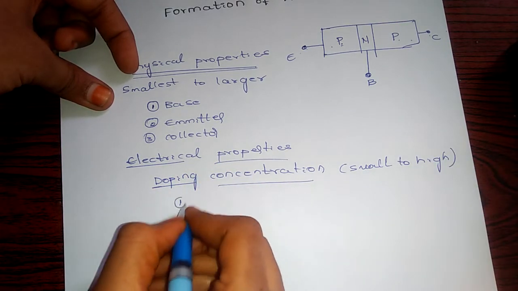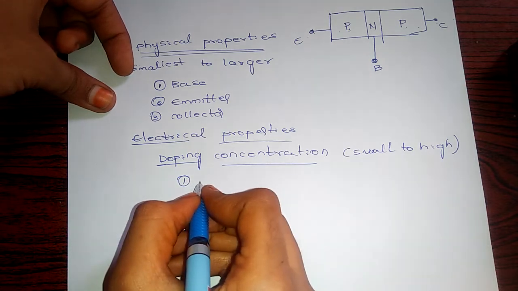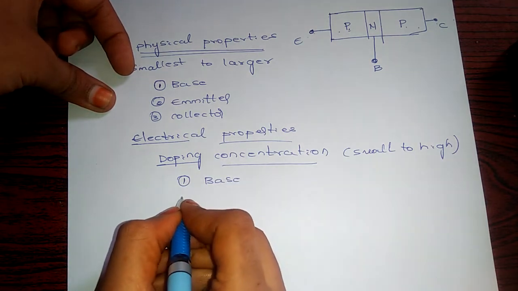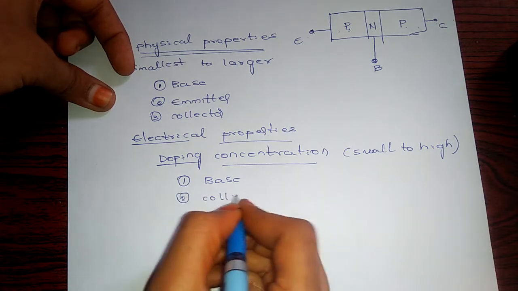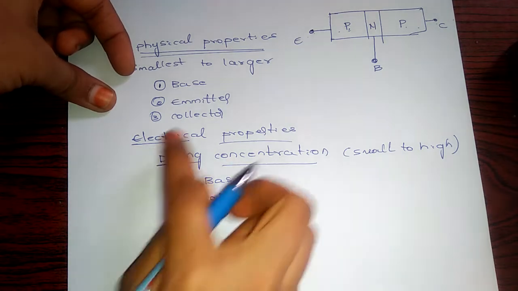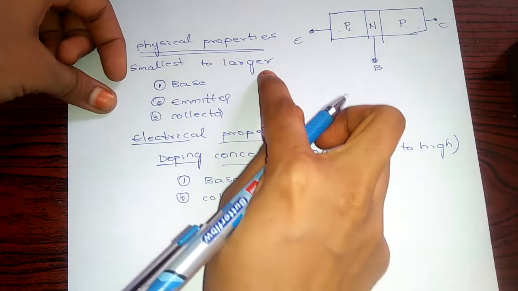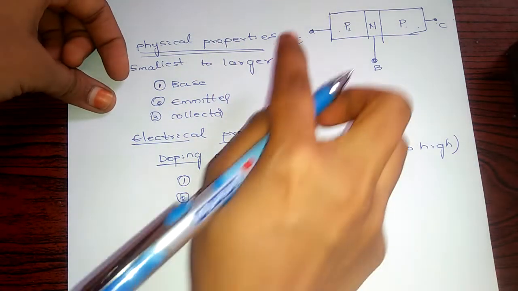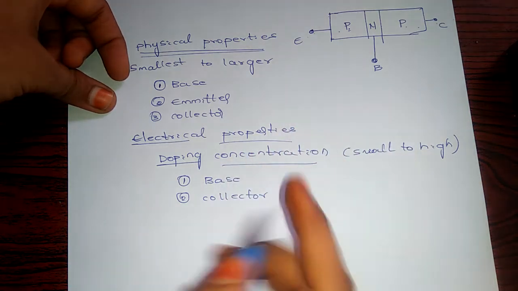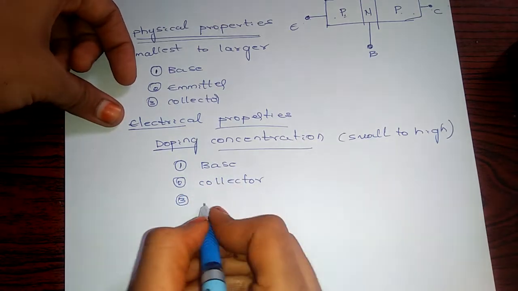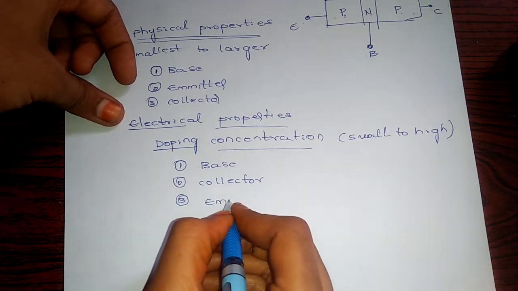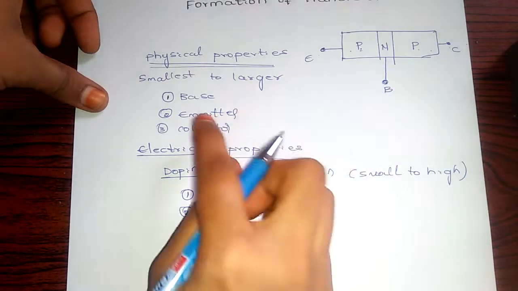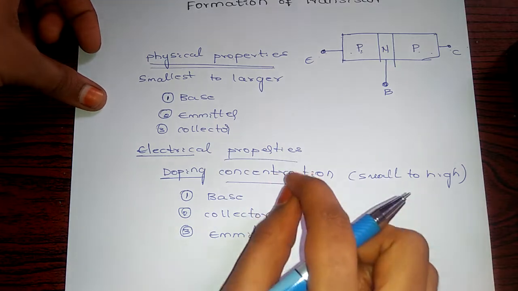Base has little concentration, and then collector. Here collector has the largest physical size, but its doping concentration is less than emitter but more than base. You have to keep that in mind. And emitter has the highest. So this is about physical and electrical properties.